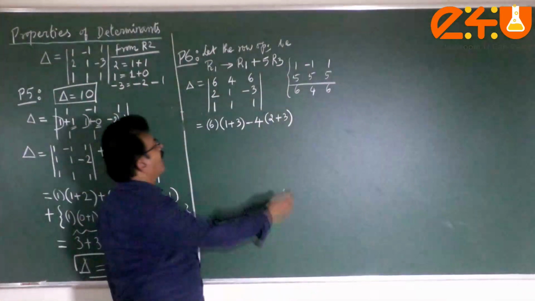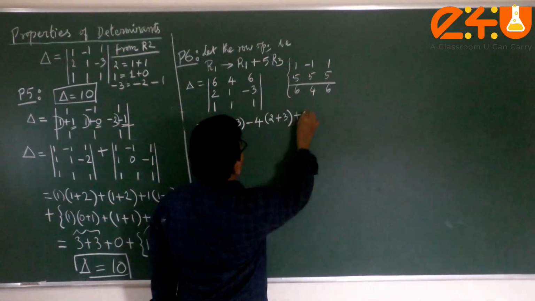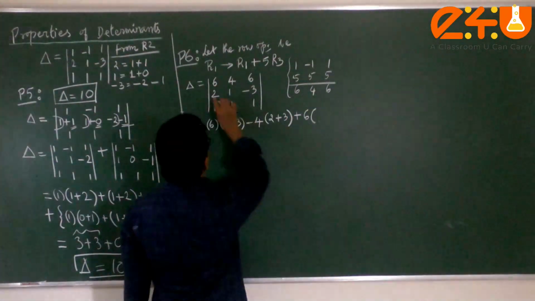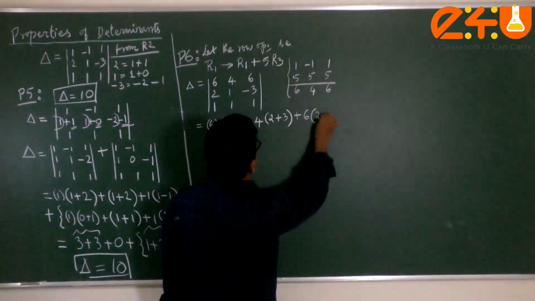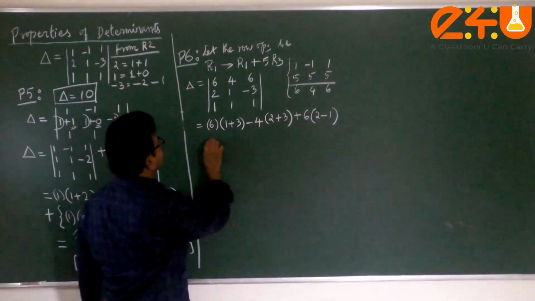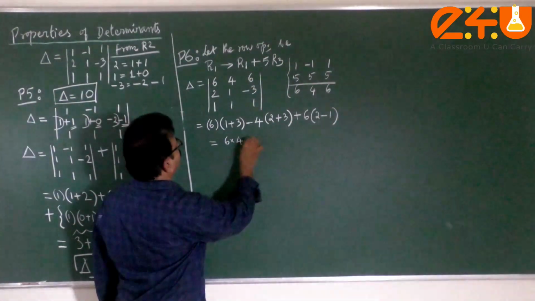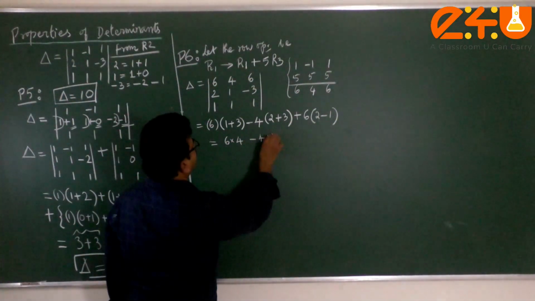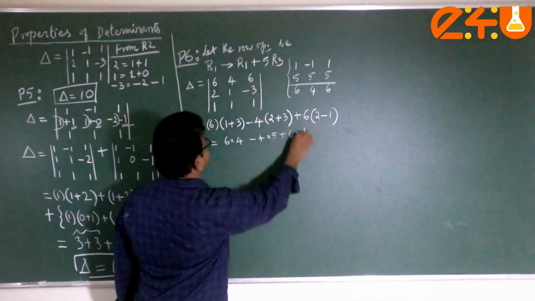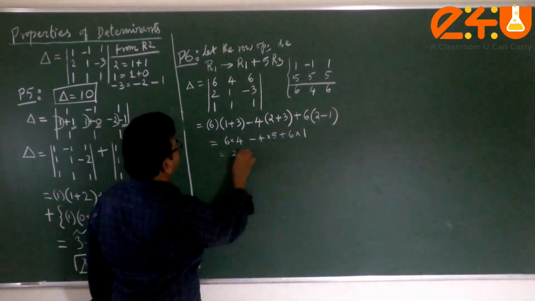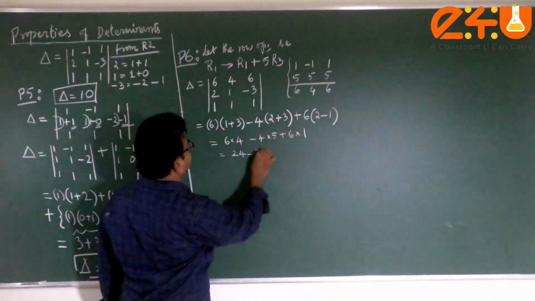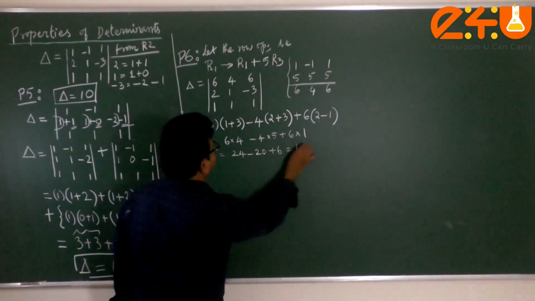Followed by the last element, 6 into its minor 2 minus 1. So the answer: 6 times 4 minus 4 into 5 plus 6 into 1, 24 minus 20 plus 6, which is 10.